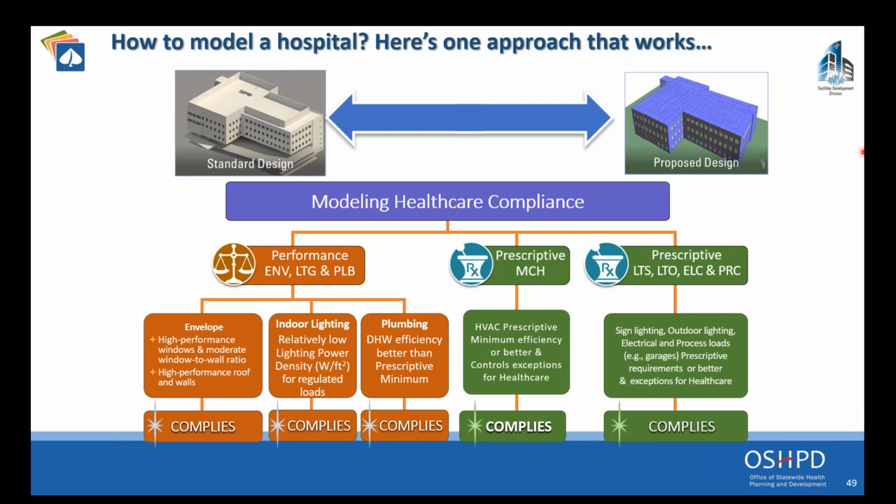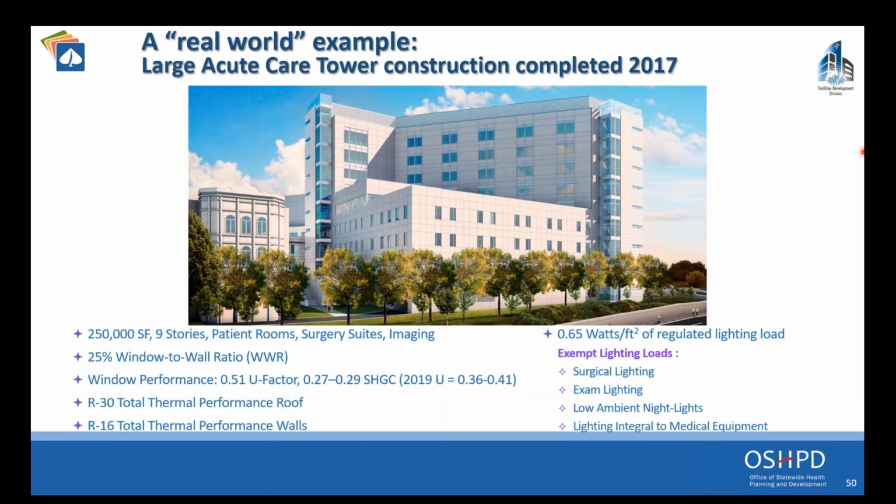This has been going on, and a lot of them are recorded, so you can check their website as well as attend some online training that they are still providing. Their test modeling is done to show that you can meet the requirements of the Energy Code without making your hospital look like a shoebox. So they provide real-world examples that have been done and meet all the energy requirements for new facilities.